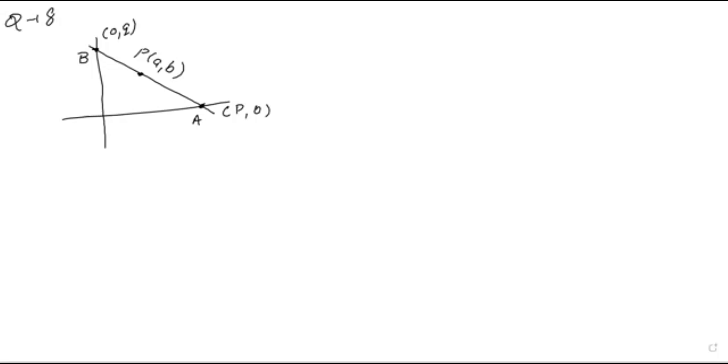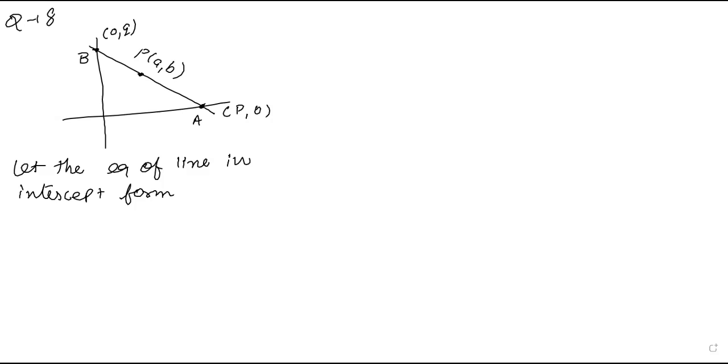Now how this becomes p and q: I will assume, let the equation of line in intercept form be x by p plus y by q is equal to 1.